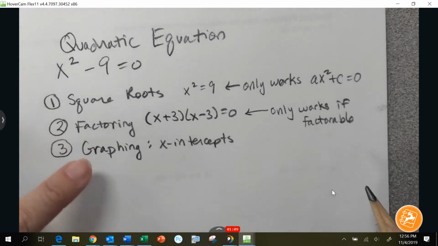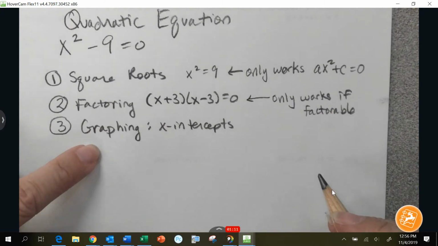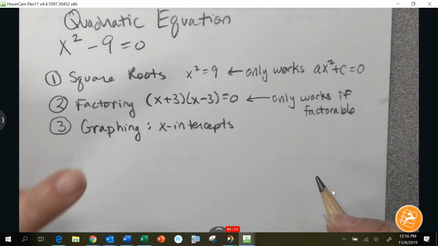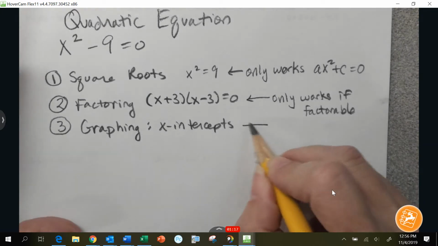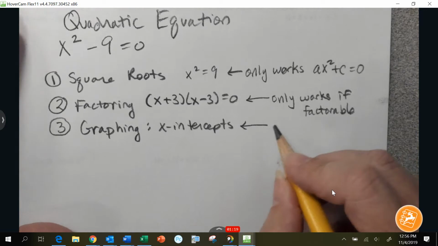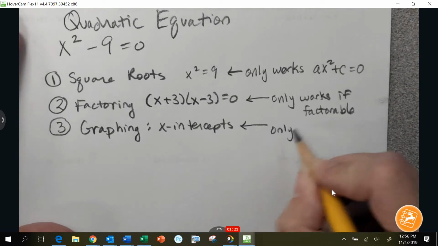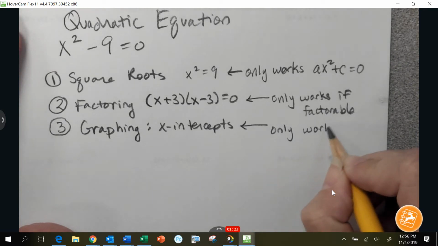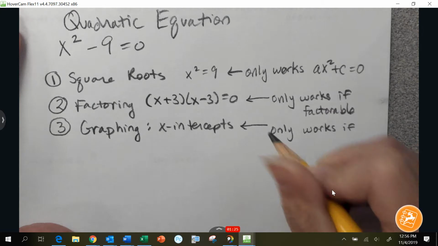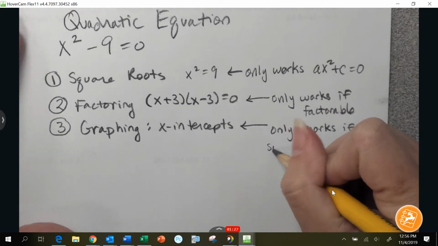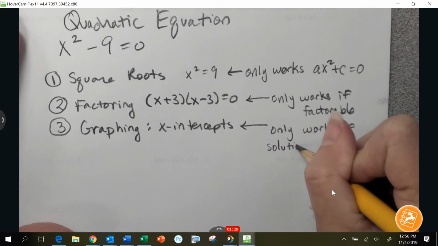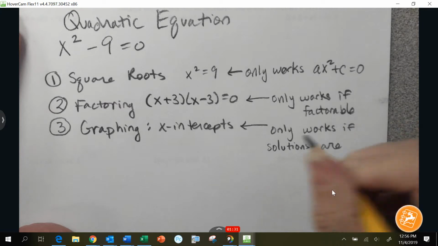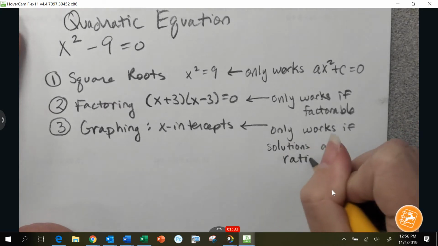And then we've got our third one, which is finding x-intercepts by graphing, which only works if solutions are rational.